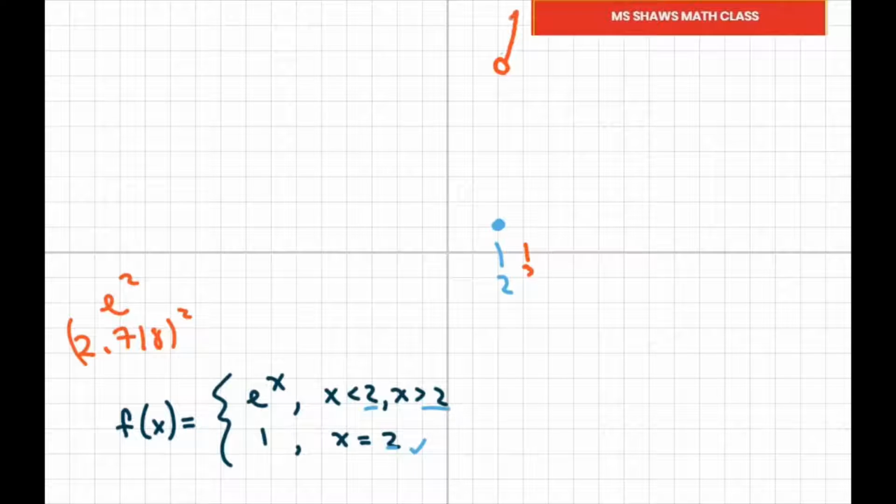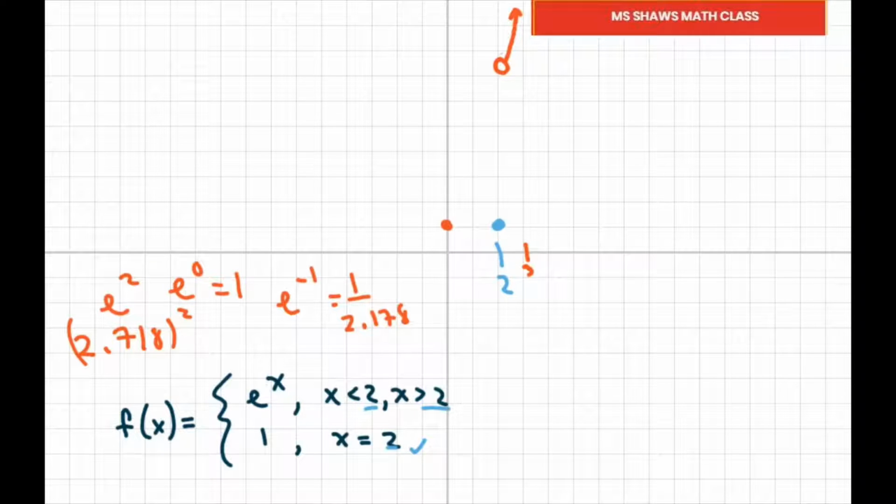So there's that. If you plug in 0, e to the 0 equals 1. So there's your y-intercept. And if you plug in negative 1, that equals 1 over 2.718, which is 0.37.